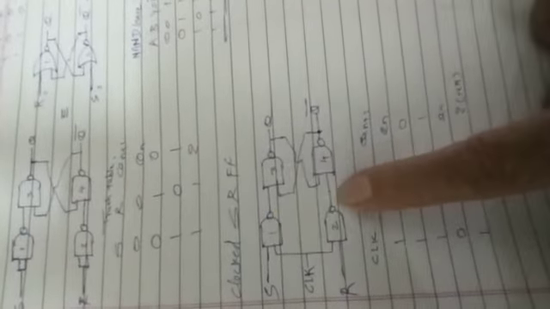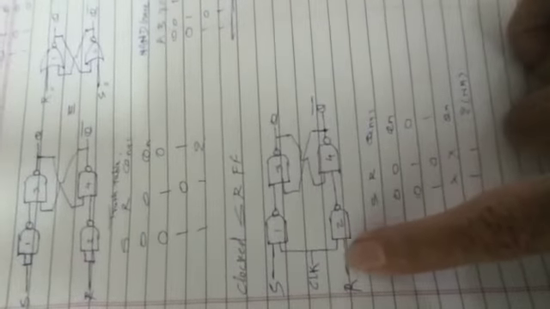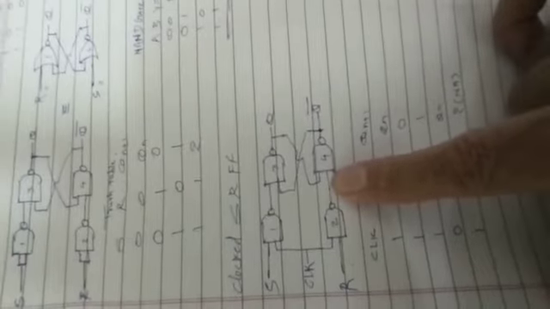So if clock is 1, if both the inputs are 0 0, here what will happen, 1 1, and then it remains in the last state as described here. If clock input is 1 and if it is 0 1, if S is 0, R is 1, it will go in a reset state. So here 1 will be available, here 0 will be available.